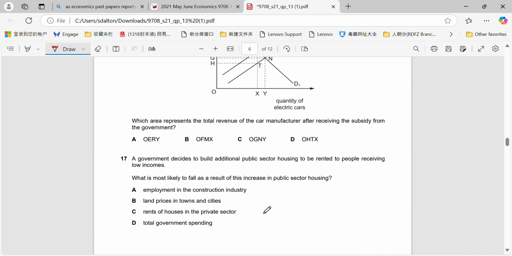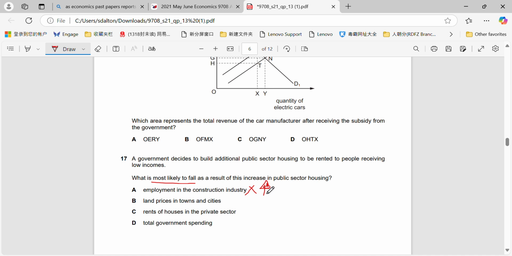Okay, government decides to build additional public sector housing to be rented to people receiving low incomes. What is most likely to fall as a result of the increase in public sector housing? Okay, employment in the construction industry is definitely not going to fall. It's going to rise, right? Because we are building more houses.